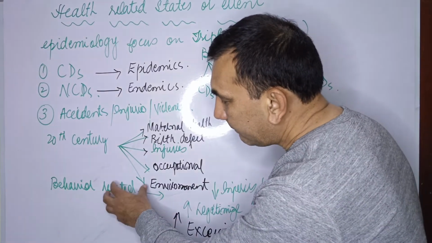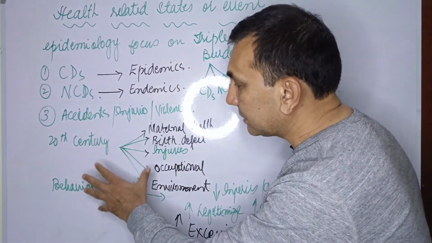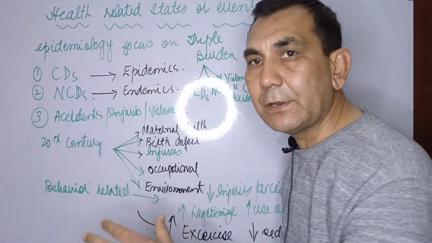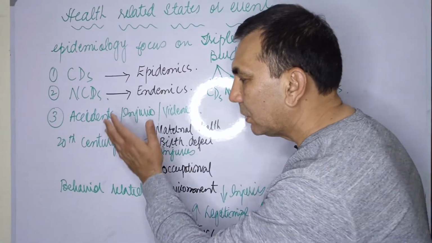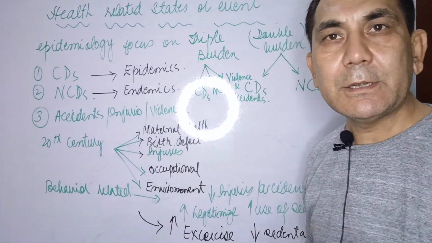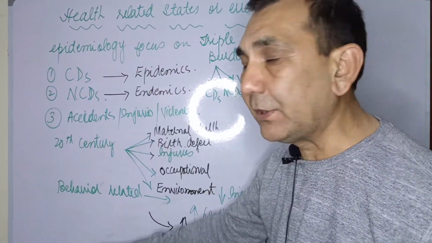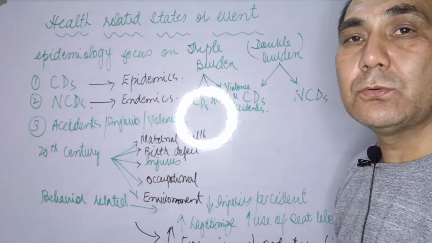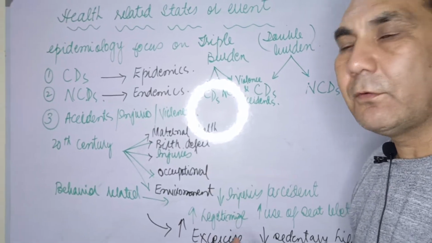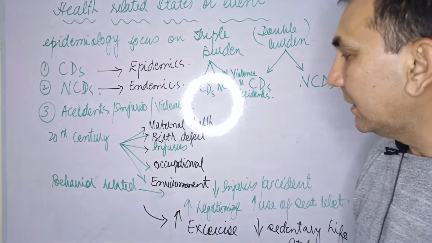So they came to focus on behavior-related disease risk factors. Those are risk factors related to behavior. If they minimize or control them, it will decrease two thirds or half of the disease.